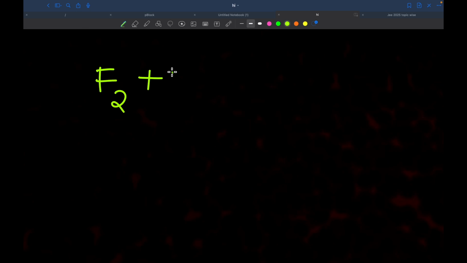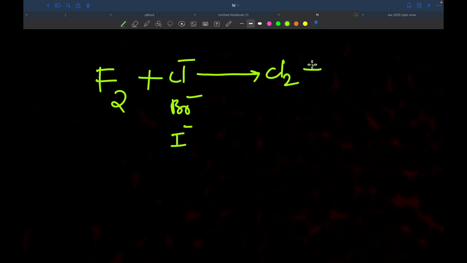reacts with Cl minus, Br minus, I minus. Fluorine reacts with Cl minus and releases chlorine gas, where fluoride ion is formed.